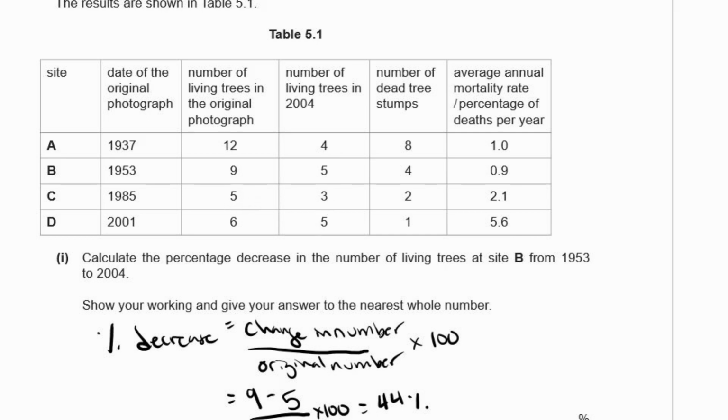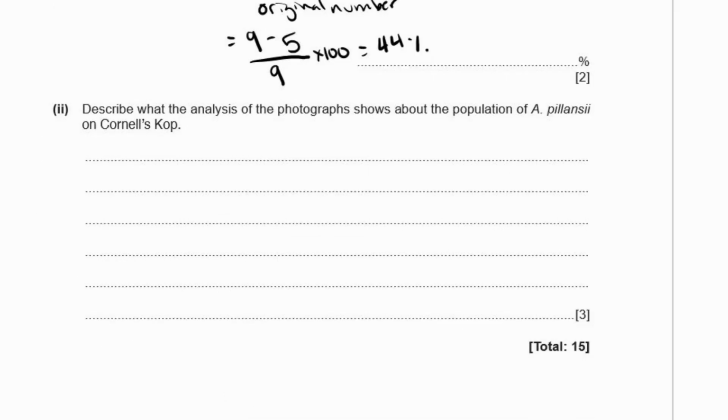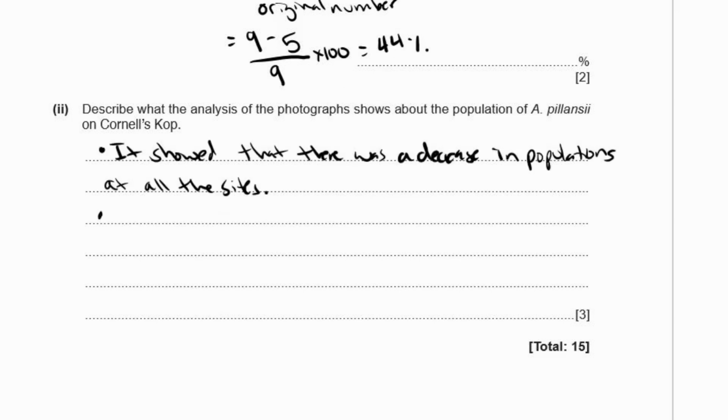All right, let's put some of this down in writing. It showed that there's a decrease in populations at all the sites. And you can say that site D has the highest mortality rate, or you could talk about the lowest mortality rate being site B.